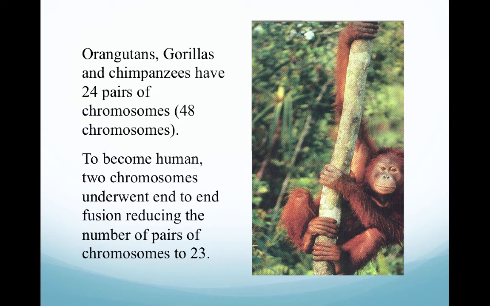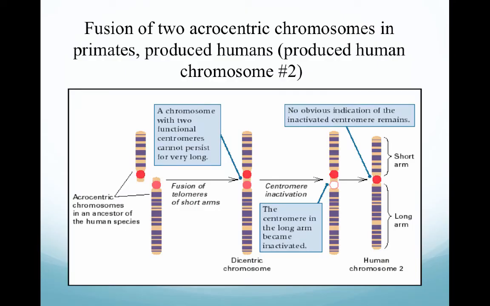However, in order for them to have evolved into humans, what we know through G banding pairing in evolutionary biology is that two chromosomes underwent end-to-end fusion, and that reduced the total number of pairs of chromosomes from 24 to 23.